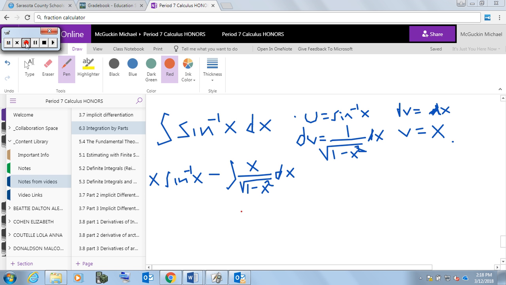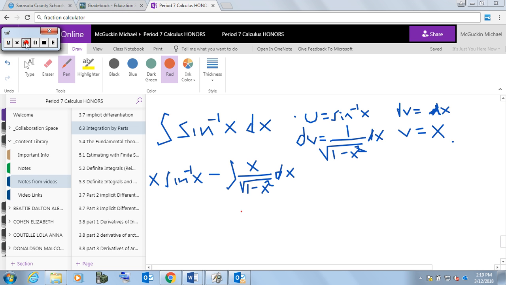We're looking for a u that's going to work in our favor, one that leaves us with a derivative still found inside the integrand itself.